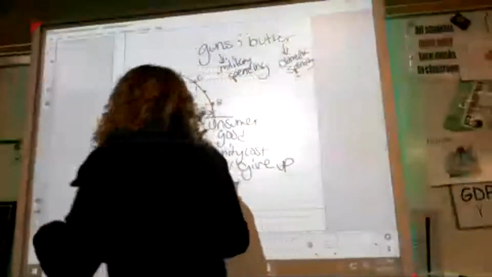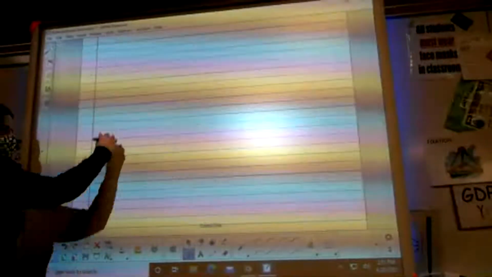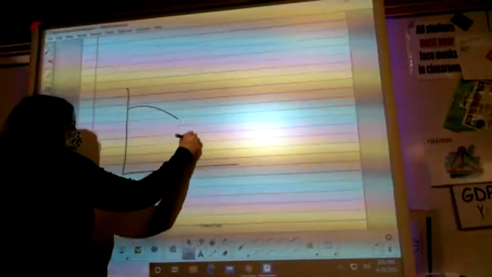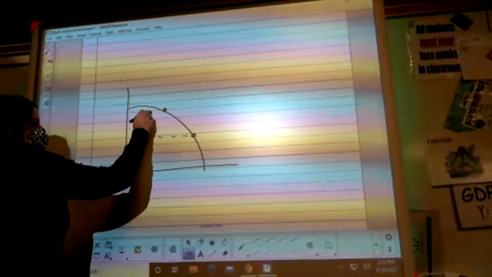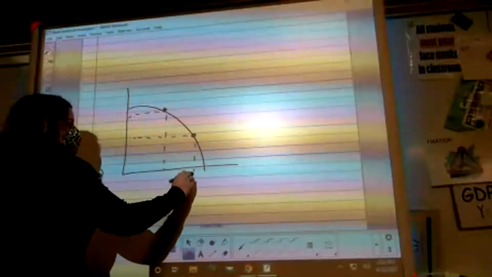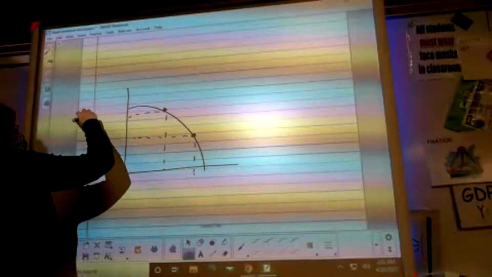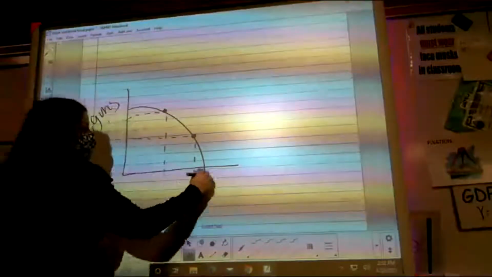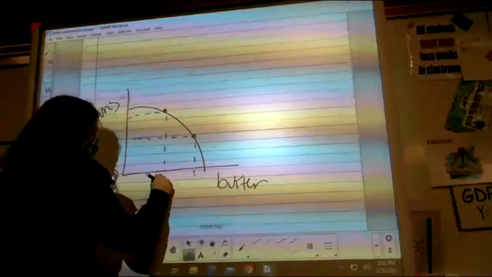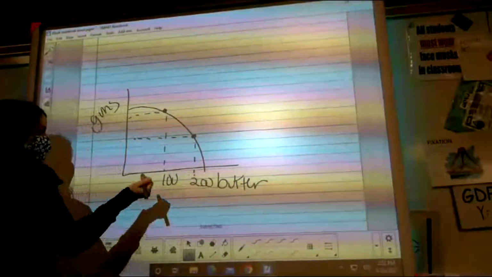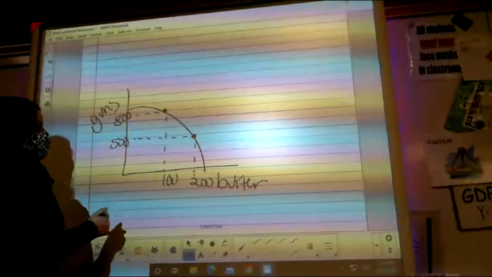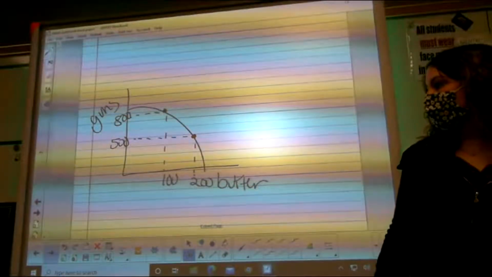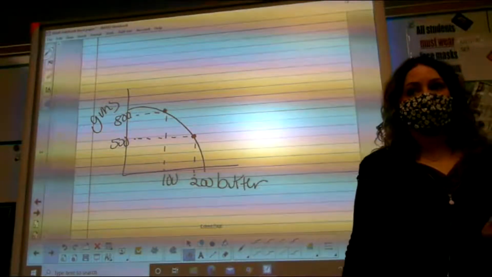So, for example, I'm going to give you some numbers here. Let's say guns and butter. What is the cost of the first 100 butters?